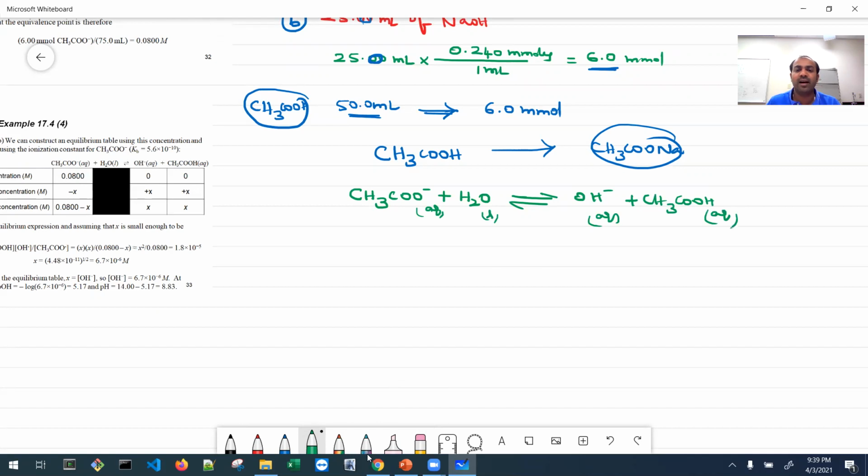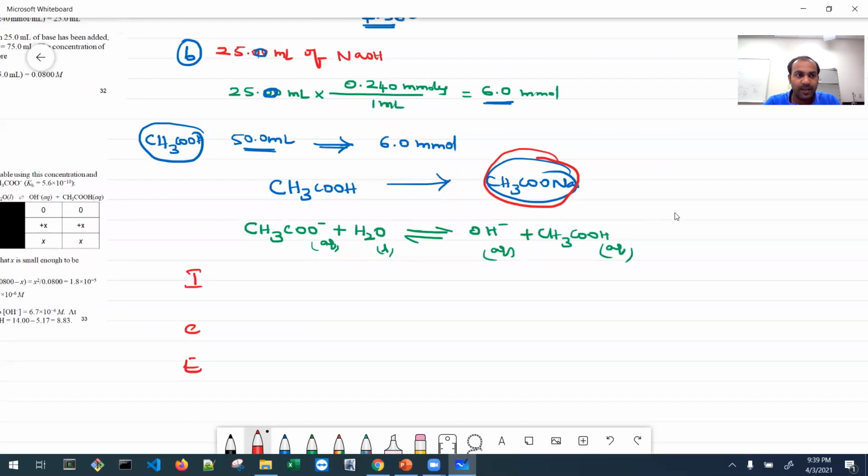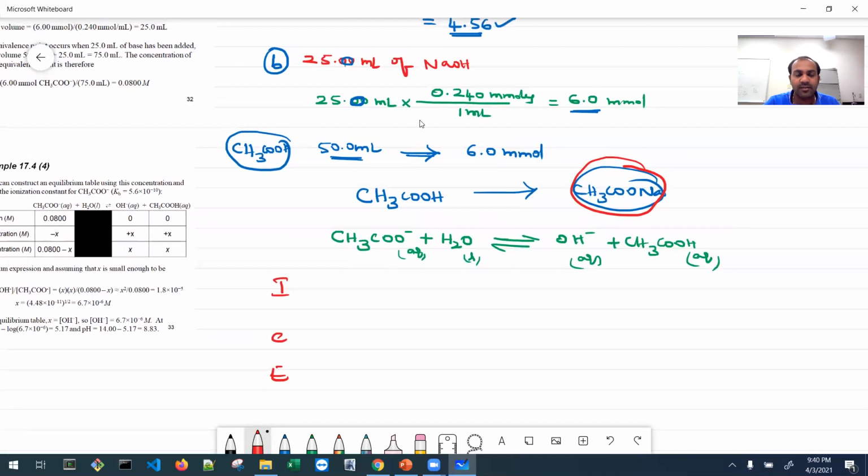Now we need to build our ice table like we did before. To build the ice table, we don't know the concentration of CH3COO minus, the acetate ion, which is nothing but this CH3COONa that is formed. After adding your 25 milliliters, the total volume will become 75 milliliters, because you have 50 milliliters initial volume of the acid, and then you are adding 25 milliliters to that acid.